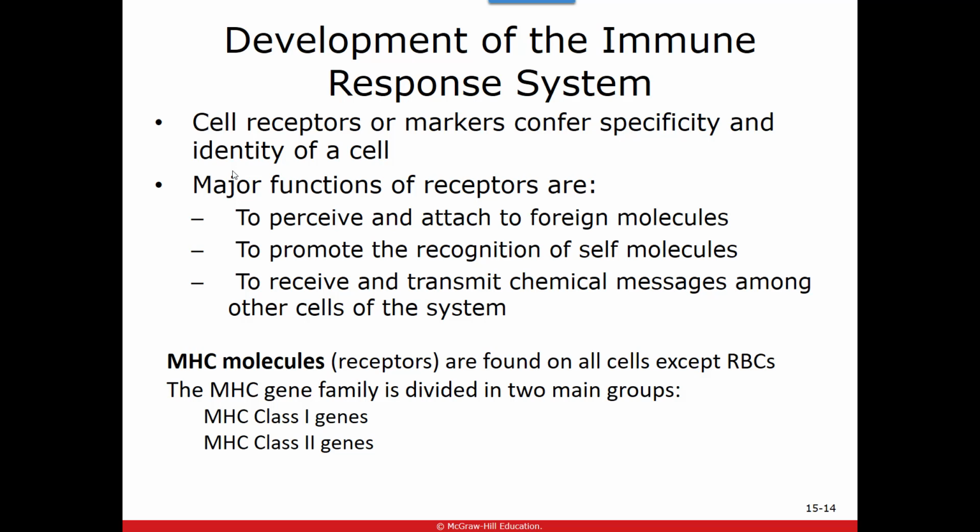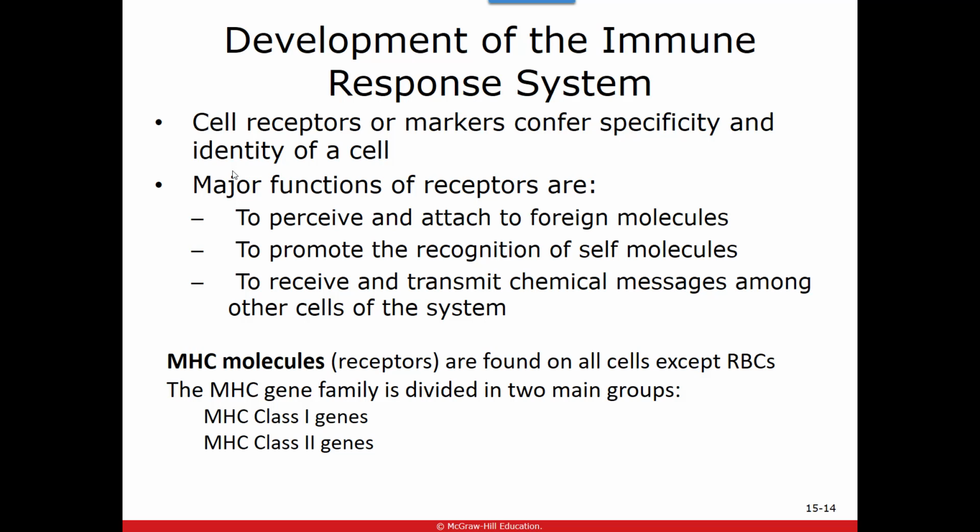Histo means tissue. There was this rejection, and we wondered, it's the same organ, the same kind of cells, so why is there rejection? That's when we figured out that all cells in our body have very specific markers, and my markers are different than your markers. My body can recognize all my own.